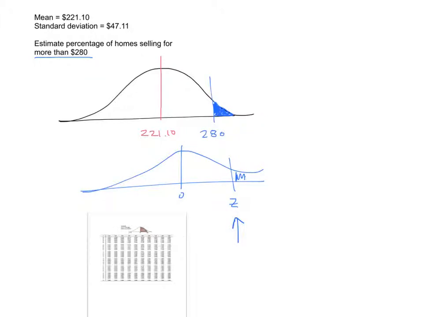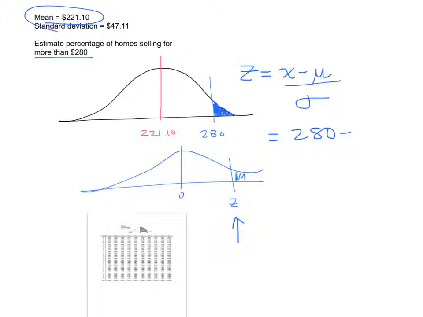Well, we have a formula that says z equals x minus mu divided by the standard deviation. Your x value is your value in question, which in this case is the 280. My mean is what was given, or what I calculated, 221.10. And then here's where I use the standard deviation, the 47.11.